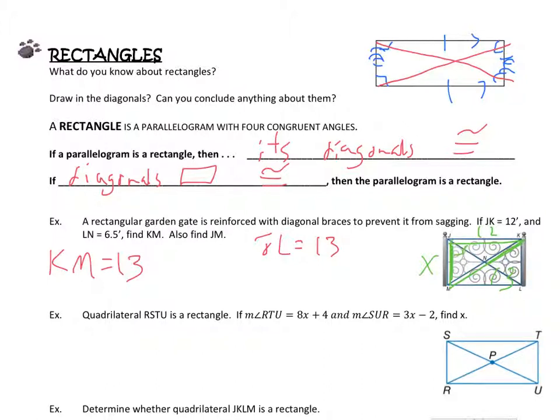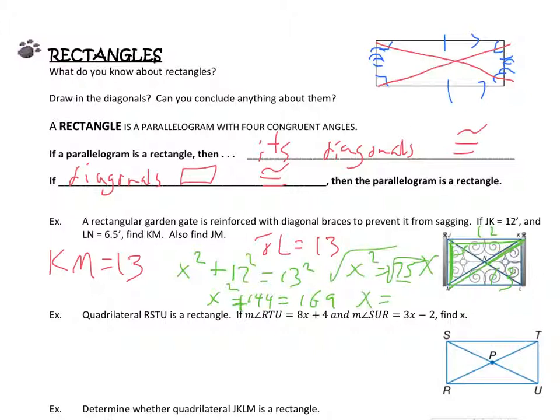The green line segments form a right triangle, with x and 12 being the legs. So we could use the Pythagorean theorem to say x squared plus 12 squared equals 13 squared. If I subtract it, I get x squared equals 25. Square root both sides, and x equals 5. What was x? X was segment JM.